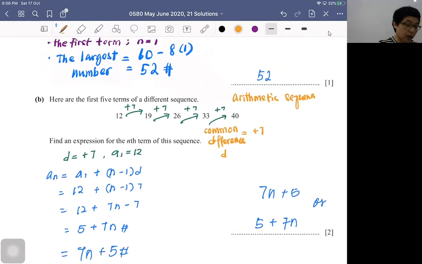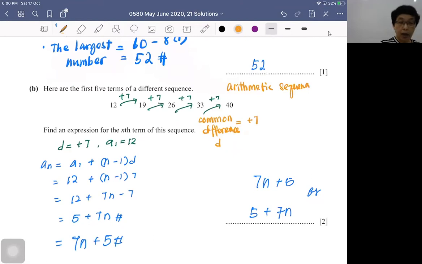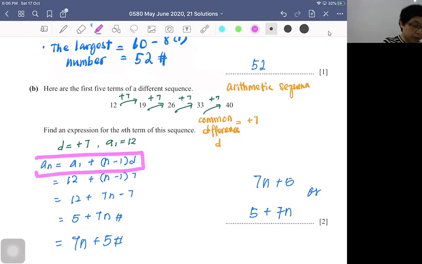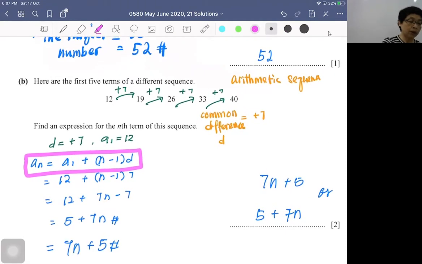Then in order to find the nth term, you can use the formula that was given to us during our course. We know that for arithmetic, the formula is a1 plus (n minus 1) multiplied by d. So by substituting, what is a1? a1 simply means the first term.